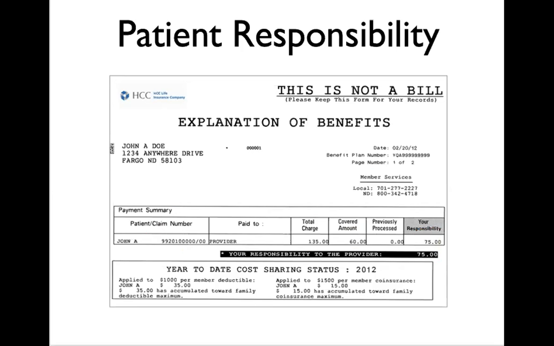Well, the challenge is if that clinic or hospital hasn't sent in that claim, the insurance company does not have on file that the person has met their deductible because they haven't received the claim yet. There are a lot of factors that go into when that claim is sent to them. It could be days, weeks, or even months.